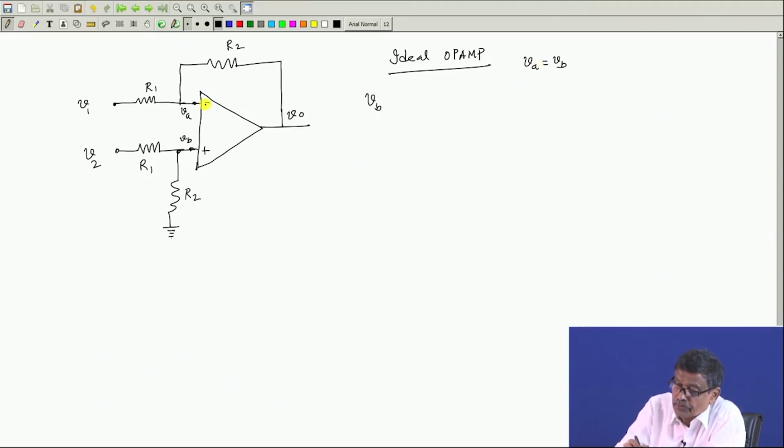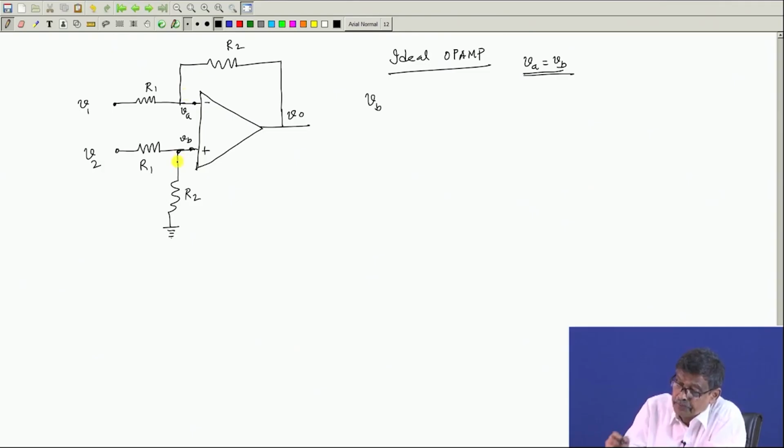There will be no drop taking place here practically, because to get a finite output voltage, the difference VA minus VB will be very small. For an ideal op amp, it is 0. Therefore, the potential of this point has to be equal to the potential of point A, the other input point.